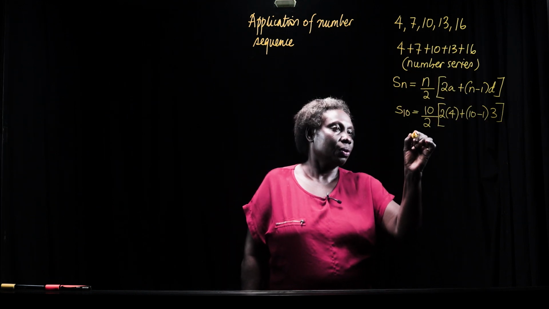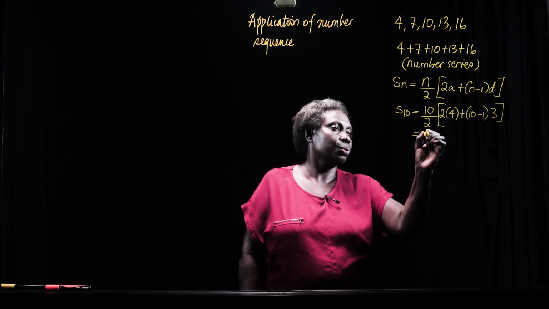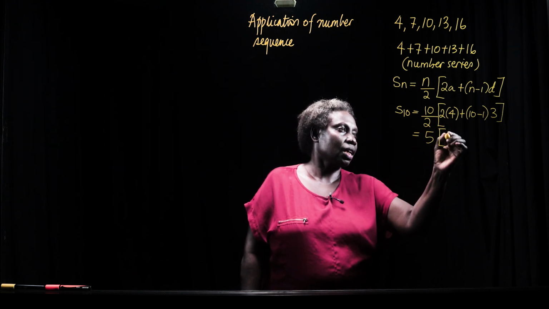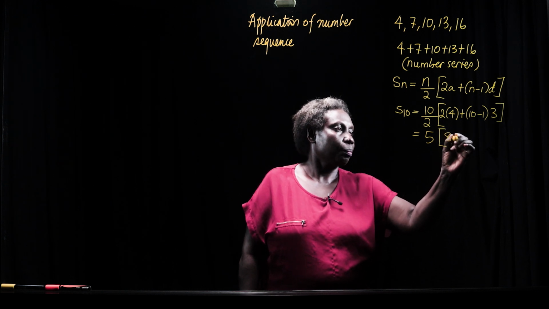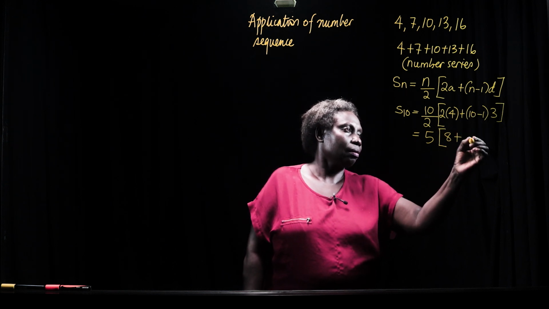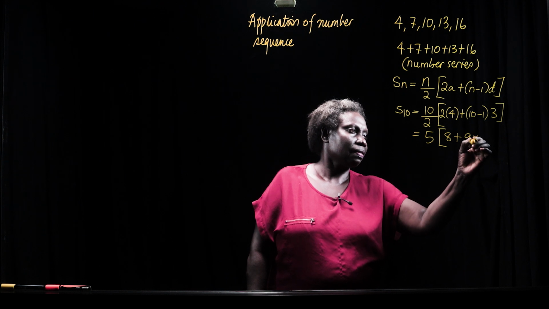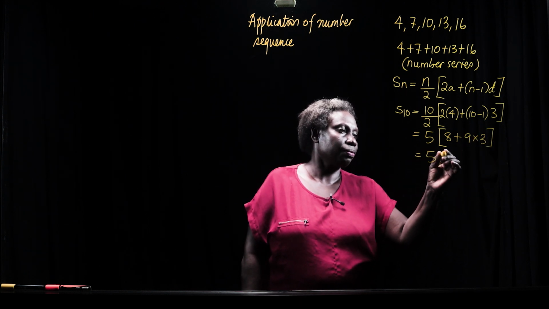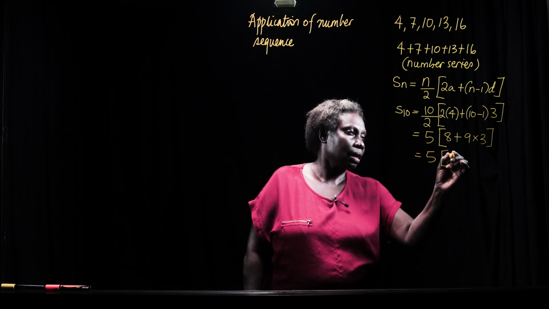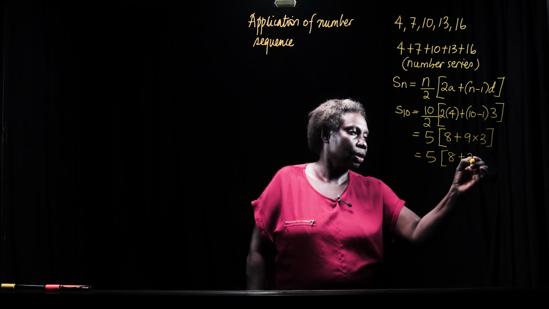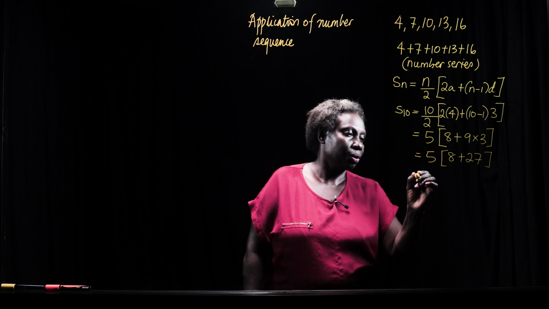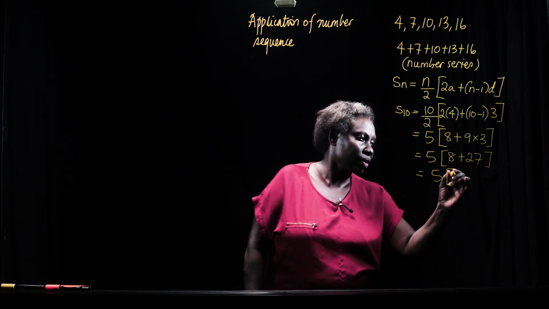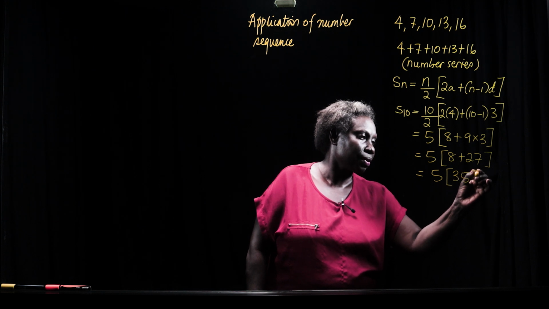So, 10 divided by 2 is 5. We have 5 times 2 times 4 is 8, plus 10 minus 1 is 9 times 3. Okay, we have 5 times 8 plus 27, which is equal to 5 times 35.